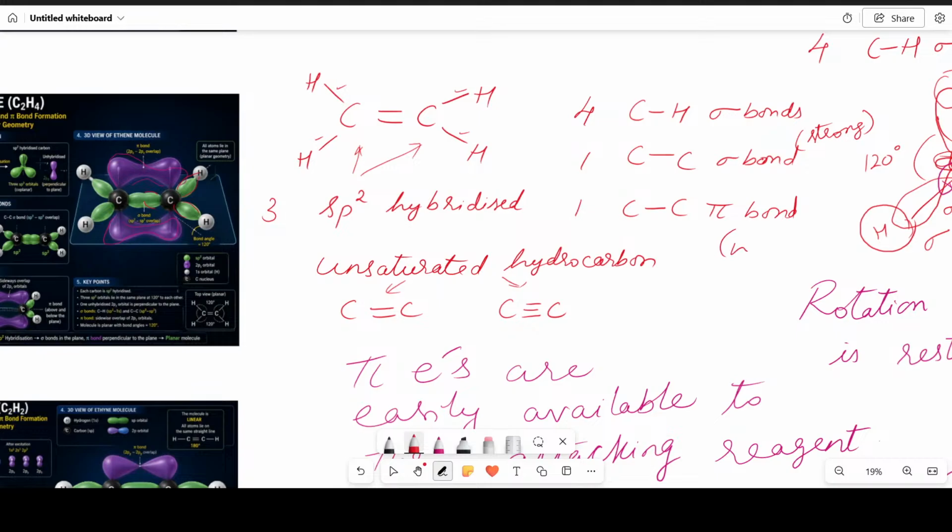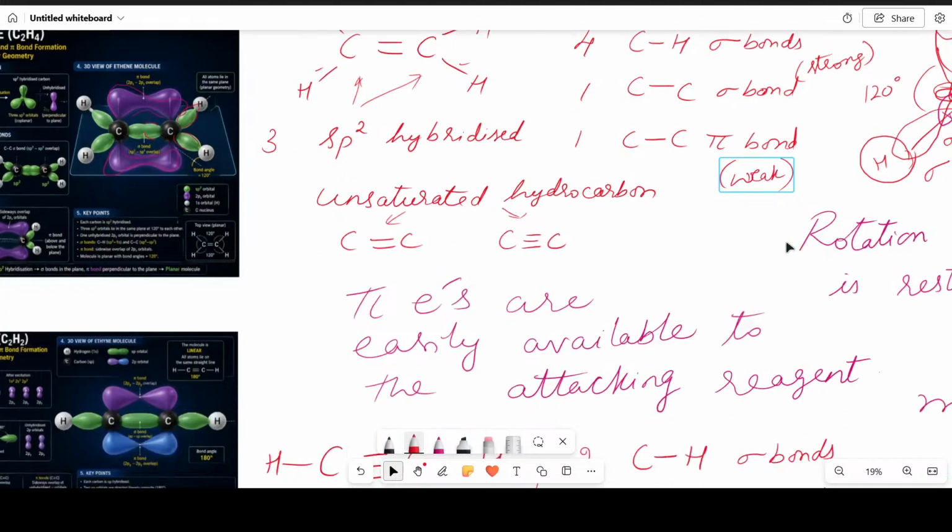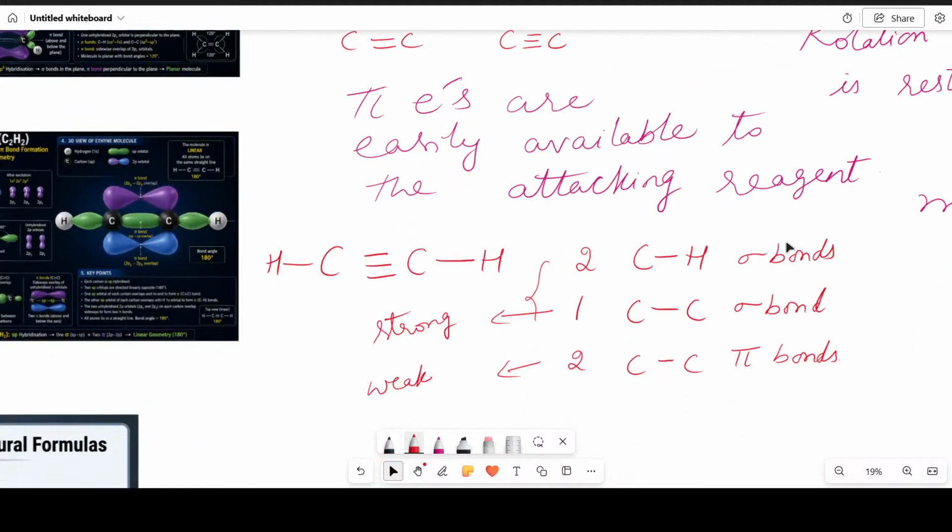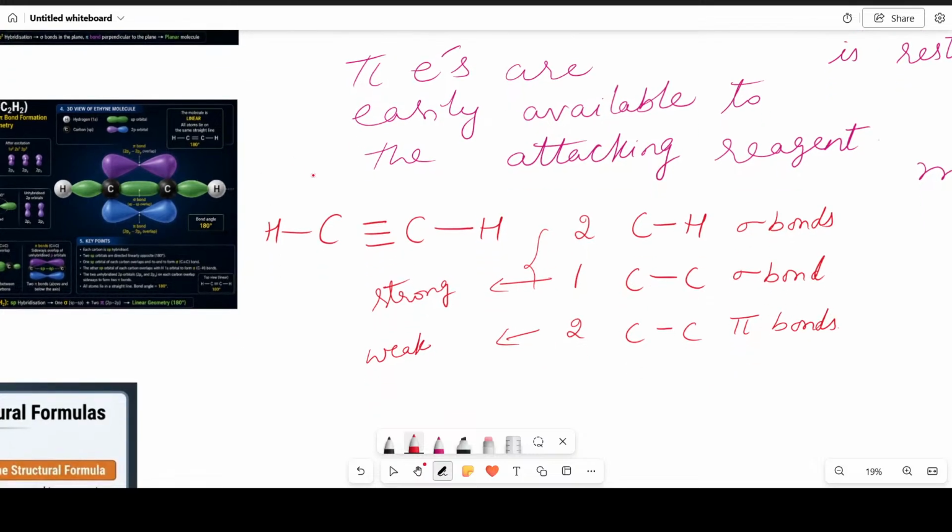Meaning to say, since the electron clouds are available above and below the planes of the carbon-carbon atom, the pi electrons are easily available for the attacking reagents. Okay. So once again I repeat, these are sigma bonds and these are pi bonds.